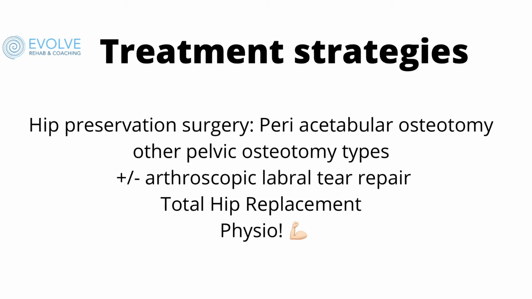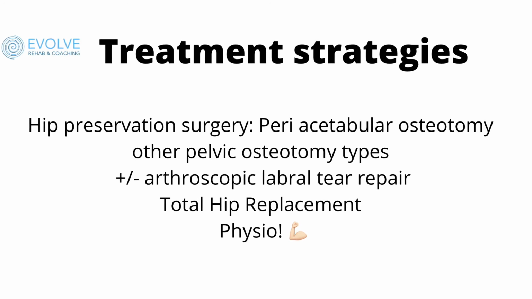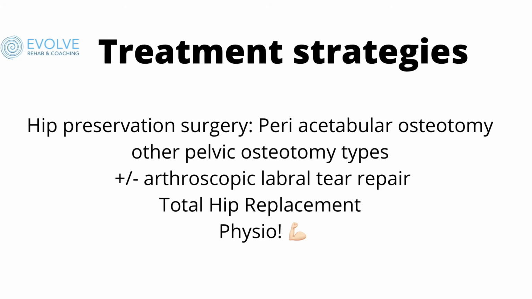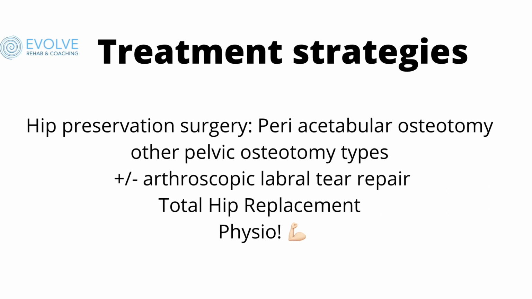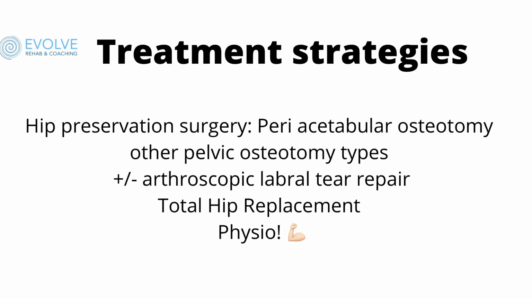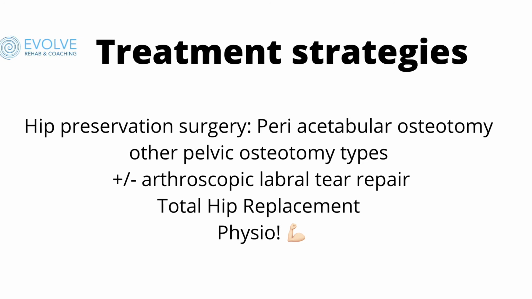This is to prevent you getting further arthritis down the track. So if the cartilage in your hip is in good shape, they will go for that. Generally that's up to the age of 35, 40 that they'll still do that. Otherwise, if you've got a lot of arthritis, you have to go for a total hip replacement.